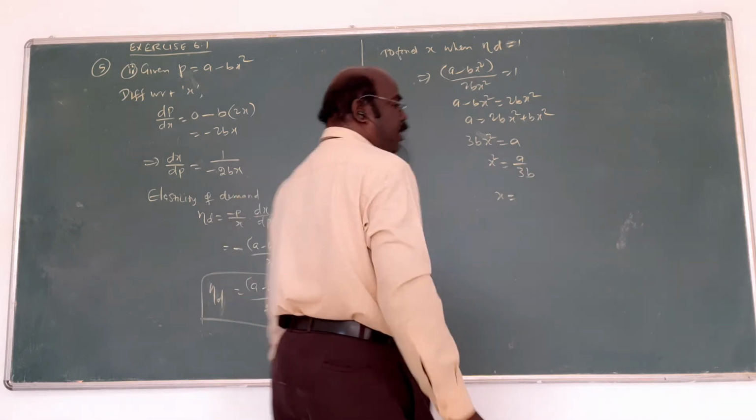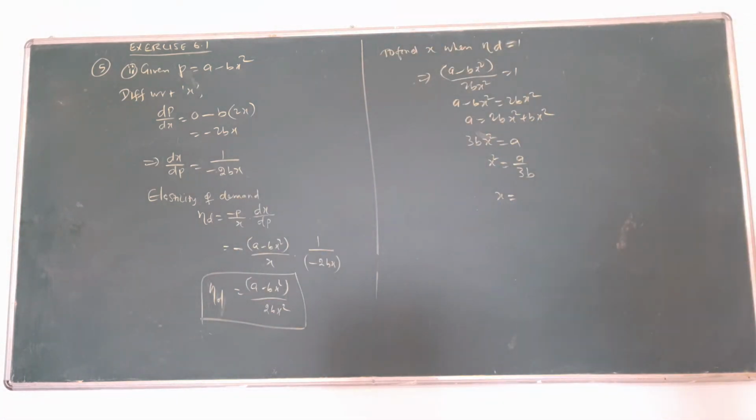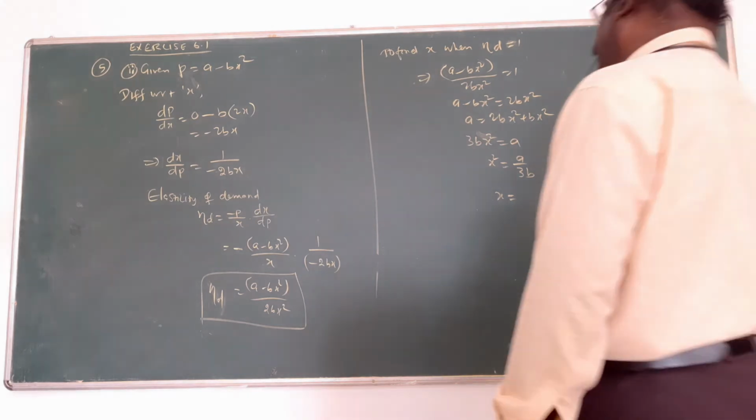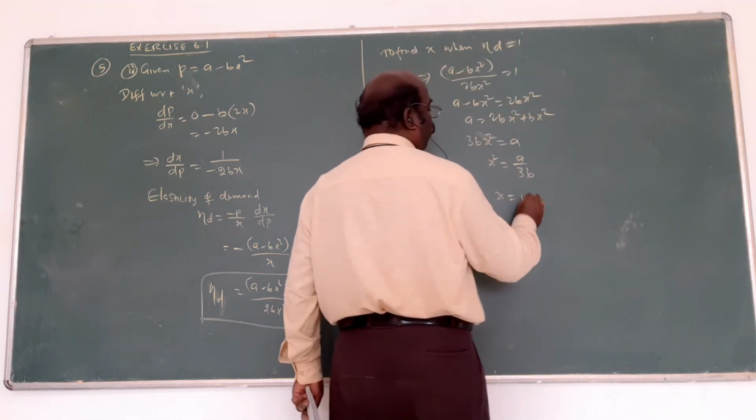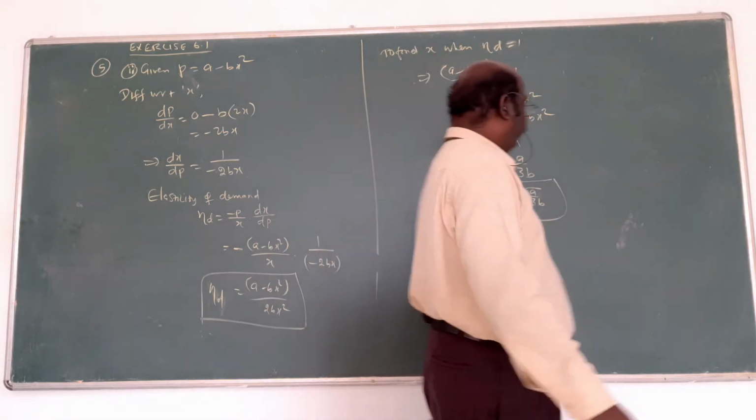Now x equals plus or minus the root, but negative is not possible. So x = √(a/3b). That's the answer.